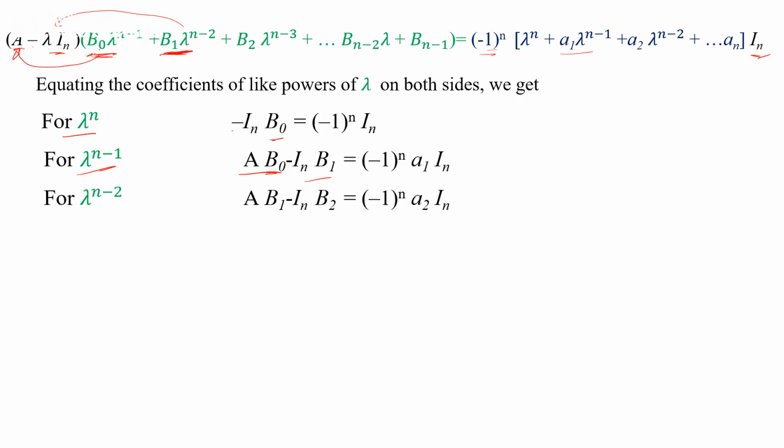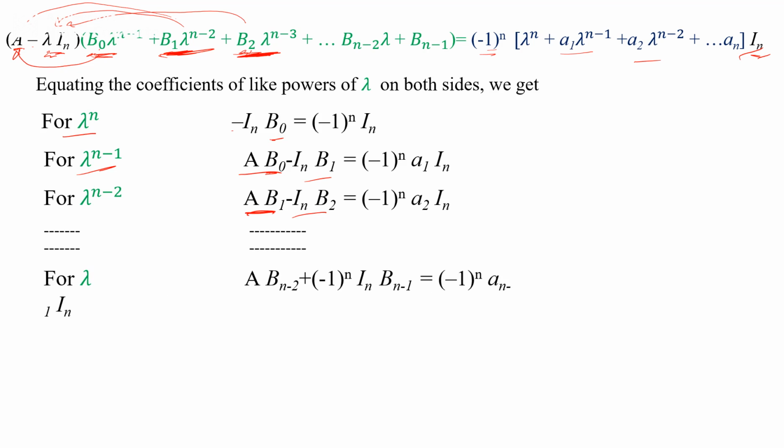And similarly for lambda^(n-2), we get a coefficient when that element is multiplied with A, so we get a coefficient A B1, this one, and when the third element lambda^(n-3) is multiplied with the lambda I, so again we get a lambda^(n-2), and the coefficient is what, B2 I with negative sign, and on the right hand side we get A2 I. And similarly we continue, and we get the coefficient for the constant.